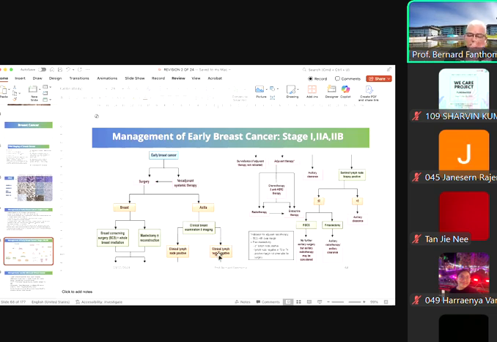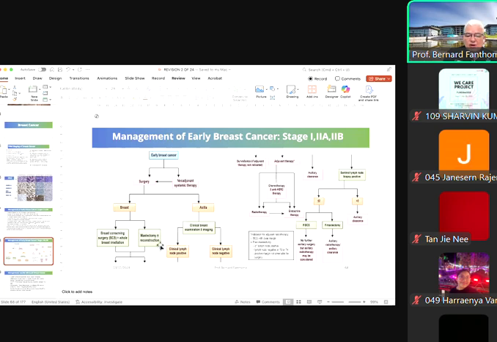Clear? So surgical treatment is divided into treatment for the breast and treatment for the axilla. For the breast, the choice lies with the patient whether she wants a lumpectomy and whole breast irradiation or a mastectomy. For the axilla, treatment is based on whether nodes are palpable or seen on imaging, and if they are positive, it is a clinically positive axilla. If the nodes are not palpable, not seen, or even if palpable, FNAC is negative, it is a clinically negative axilla.